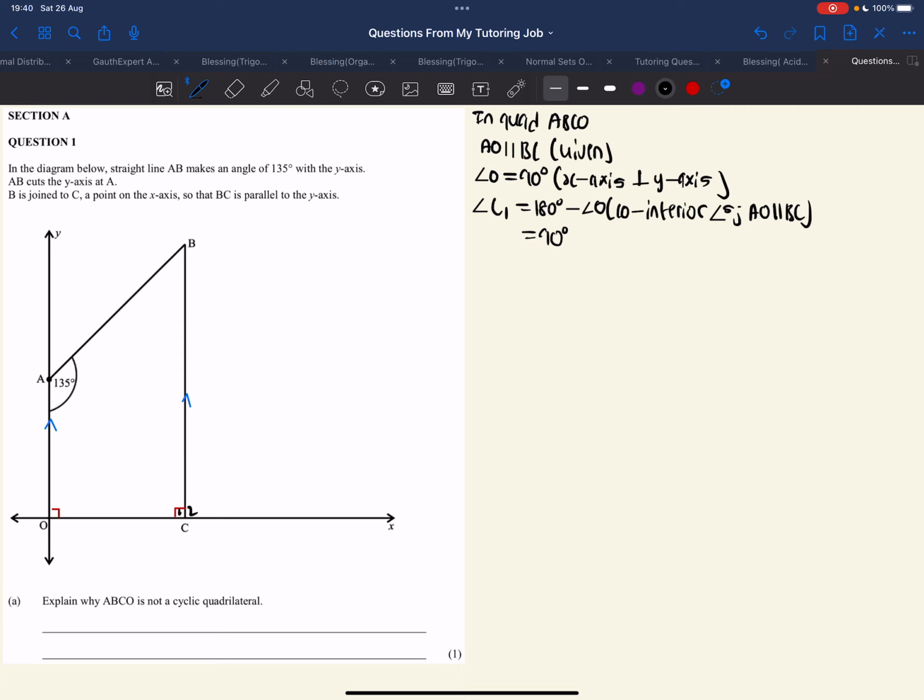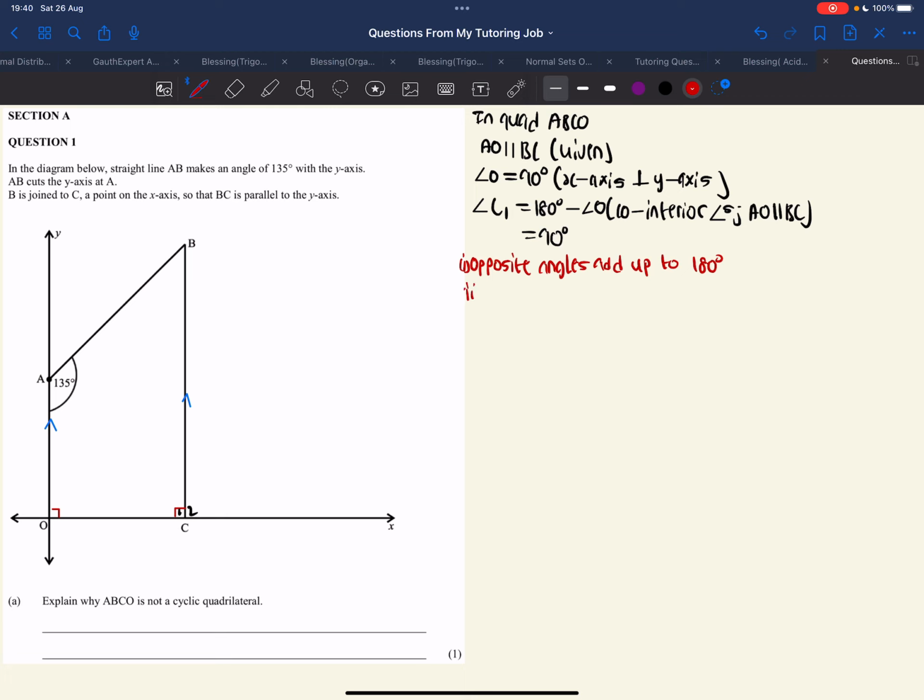Now to prove that ABCO is not a cyclic quad, according to a cyclic quad we have two properties. First, opposite angles add up to 180 degrees.